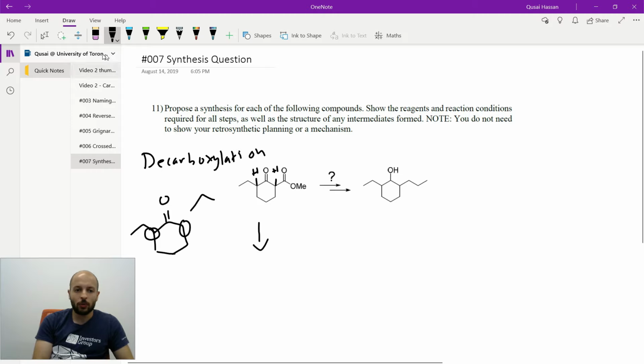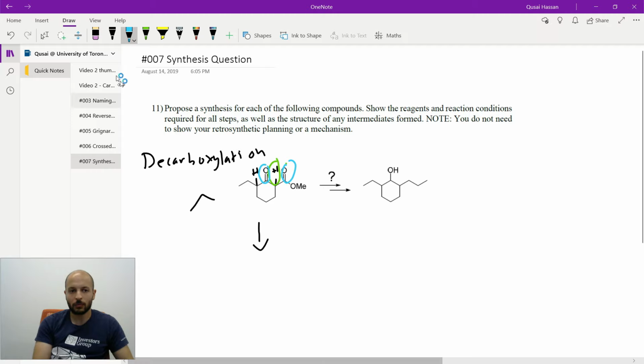But if we look at what we're starting with, if we don't remove the ester first, the thing about this alpha hydrogen here, and I'm going to use green to color this one because it's a special alpha hydrogen, this alpha hydrogen is a lot more acidic than the other one because it's between two carbonyl groups. The electron density between the carbon and the hydrogen is being pulled away by this carbonyl and this carbonyl.